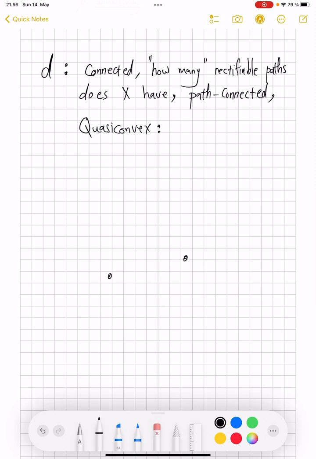In Euclidean space, given any x and y, their distance is the length of one particular path connecting them. If you are working in subsets of Euclidean space, if you take this to be your space X, then this is no more correct, because if this set is not convex, then this shortest path no longer exists.